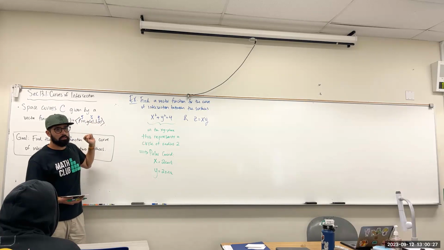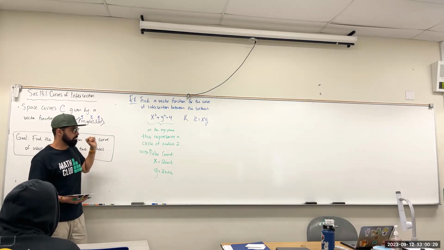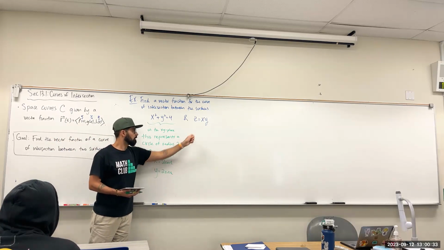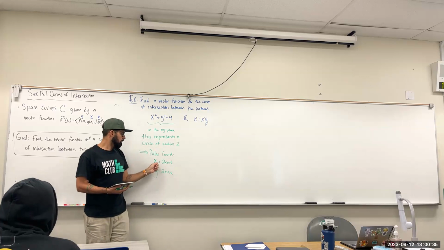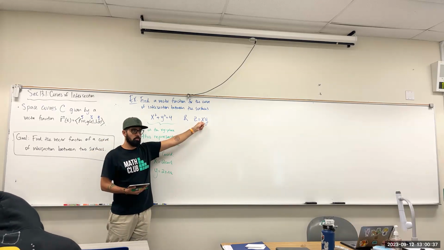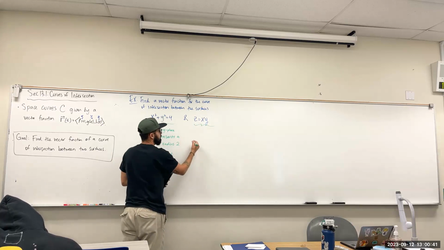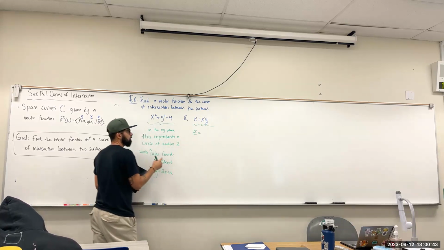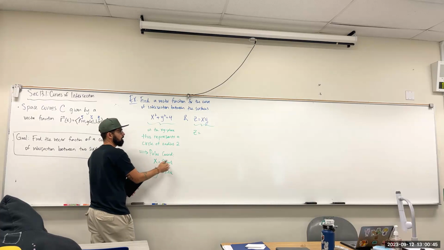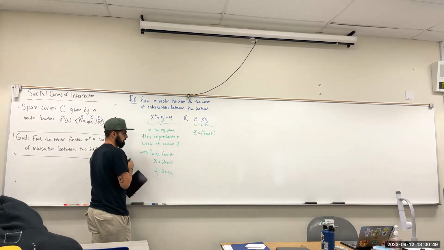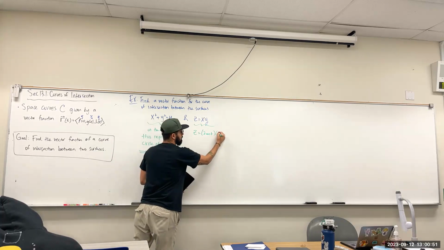Now what's our goal? To get z in terms of t. So what can we do here? Yeah, just plug in the x and y with the functions that we set them equal to: x is 2 cosine t, and y is 2 sine t.